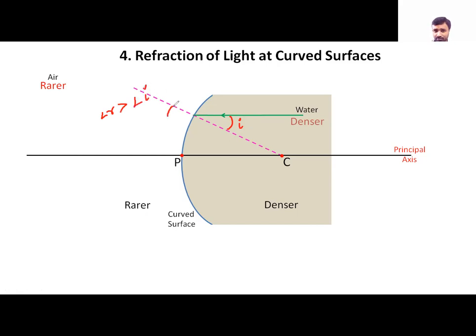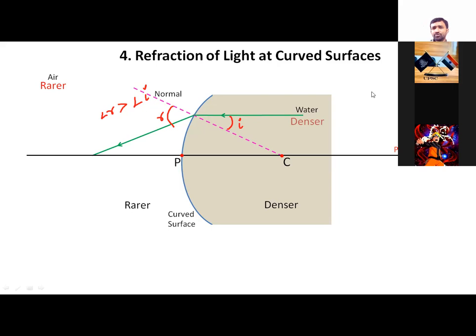So here it will become more compared with i. So this is r. Then what to do? You have to draw a refracted light ray, increasing the gap away from the normal. Is it clear now? How I drew it? I'm not measuring anything. Just blindly I am assuming that. Is it clear?